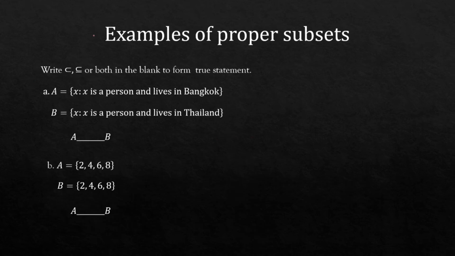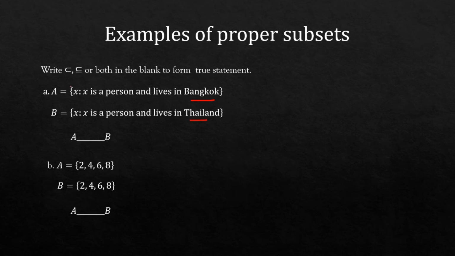Let's look at a few examples of proper subsets. We will write either this symbol or both in the blank to form a true statement. In question A, set A is {X such that X is a person and lives in Bangkok}, and set B is {X such that X is a person and lives in Thailand}.